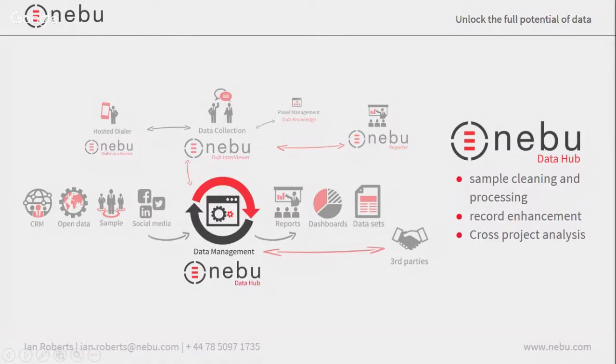As I said, the data hub gives you advanced cleaning and processing capabilities. It means you can take the sample files you have, apply different rules, and transfer some of the information in it as well. We can perform calculations on there.